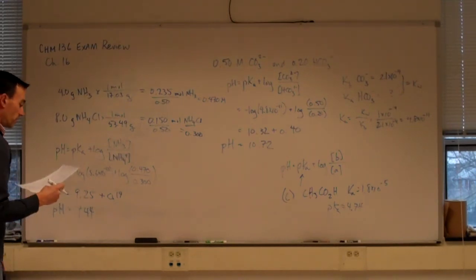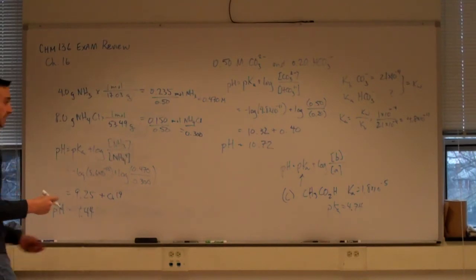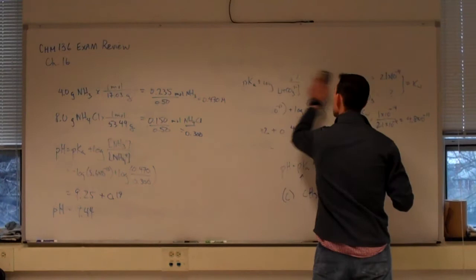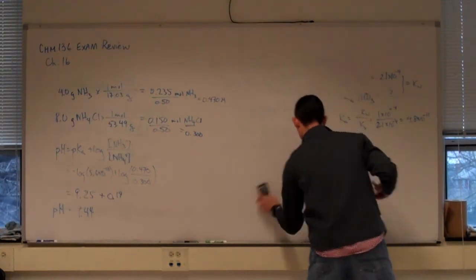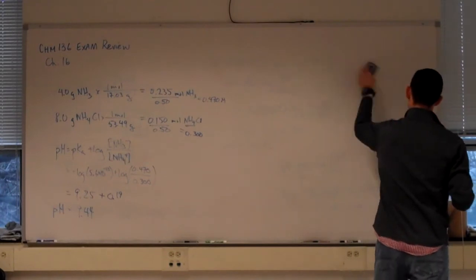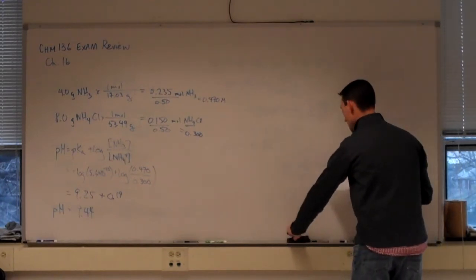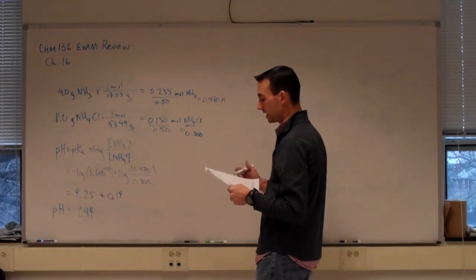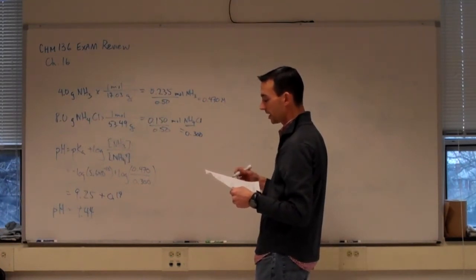All right, let's move on to the next question, which involves a titration, very similar to a buffer. In this titration, 25 milliliters of hypochlorous acid are titrated with sodium hydroxide.